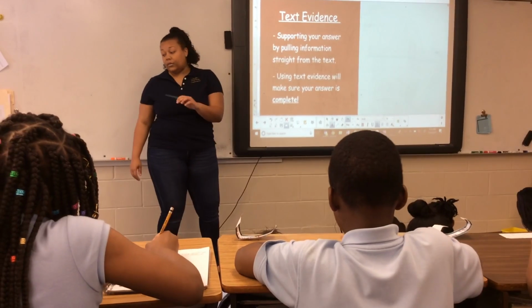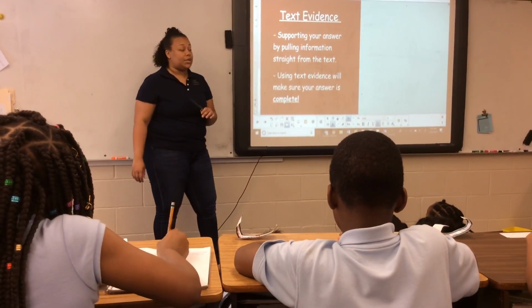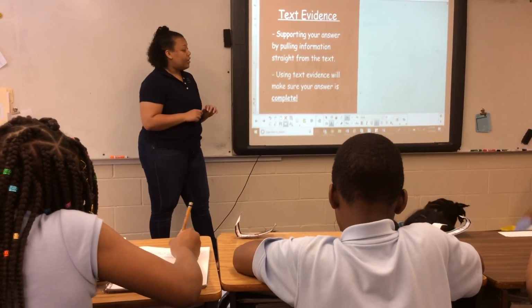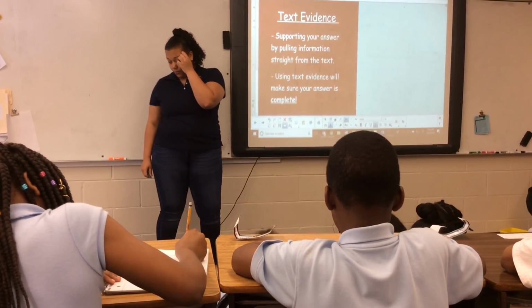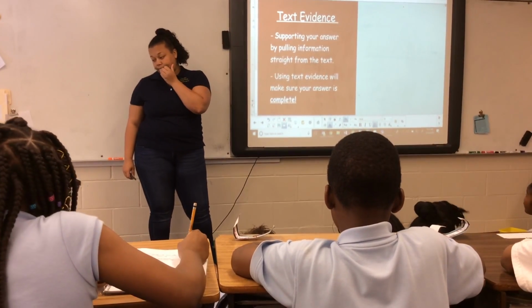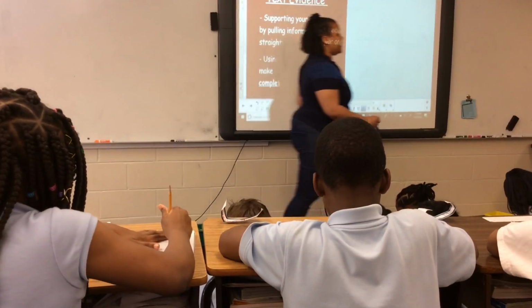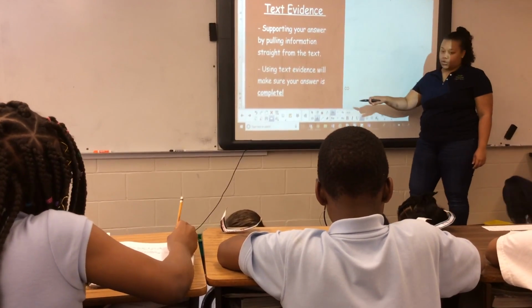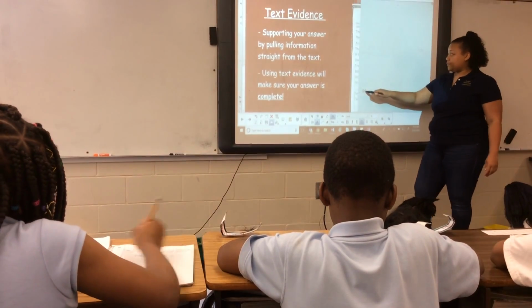Now, in order for you to make sure that your answer is complete, this is where you start using text evidence, because that will ensure that your answer is complete. And there are some sentence starters that we can use to help us speak knowledgeably, meaning that you understand what it is you're reading.